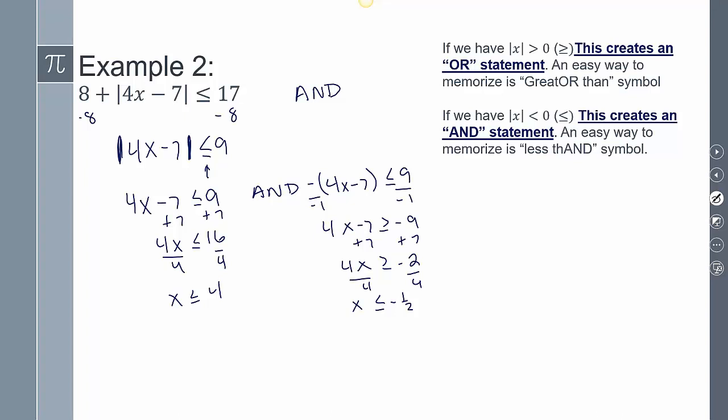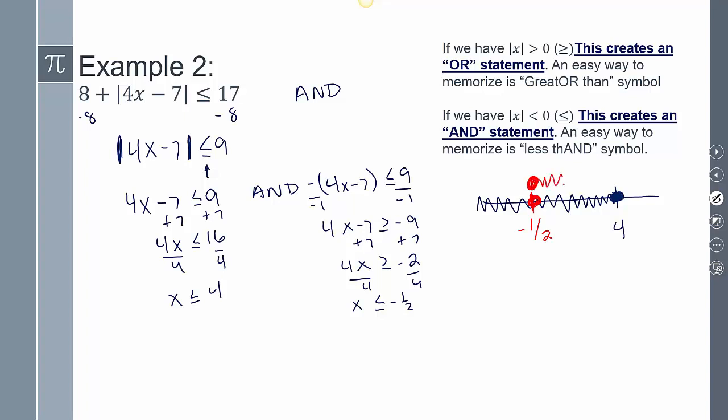Now I have these two statements, so I need to model it. Here's my number line. Here's 4. It's going to be a closed circle this time. We said x is less than or equal to 4, so that's everything less than 4. And then on my next one, we said x is negative 1/2, and I'll draw it right here.